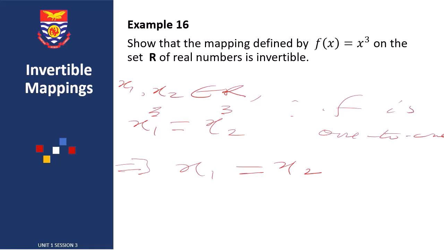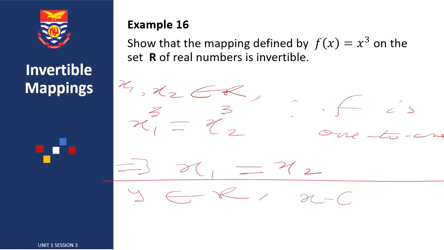Okay, let's look at the other one. If f is 1 to 1, let's see if f is also onto. For any y that is a member of R, you can find an x also a member of R such that f of x equals y.